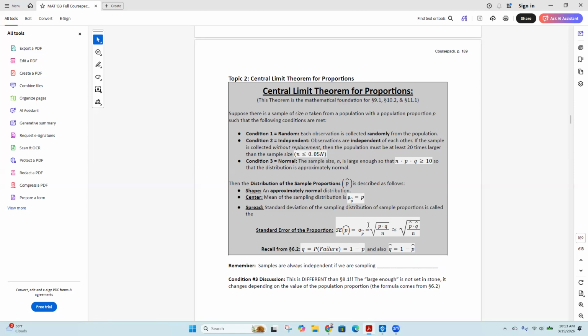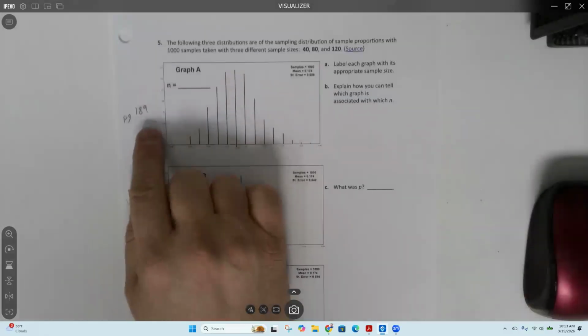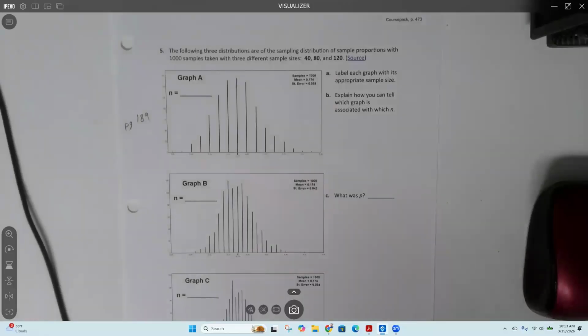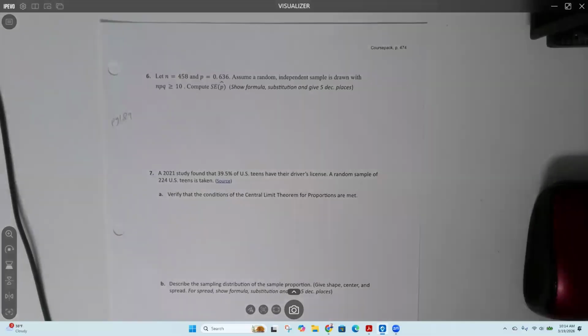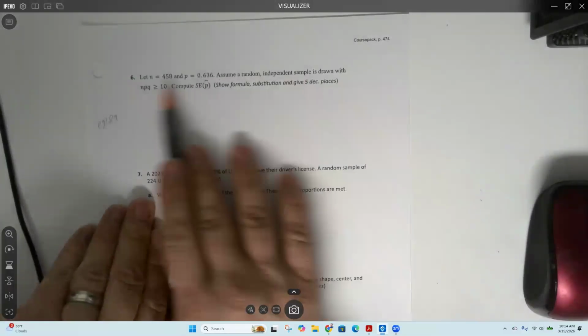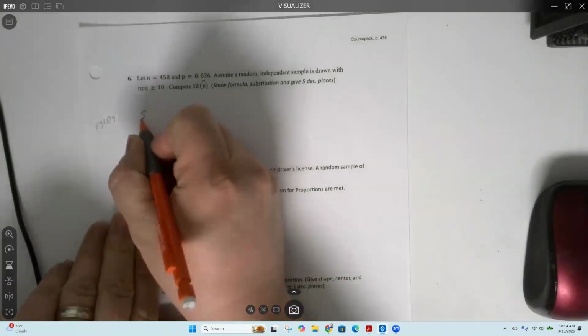Let's actually try one of these. Okay. So page 473, you'll find information on this on page 189. Let's skip now to the last page, page 474. Let n equal this, p equals this, compute SE p hat.